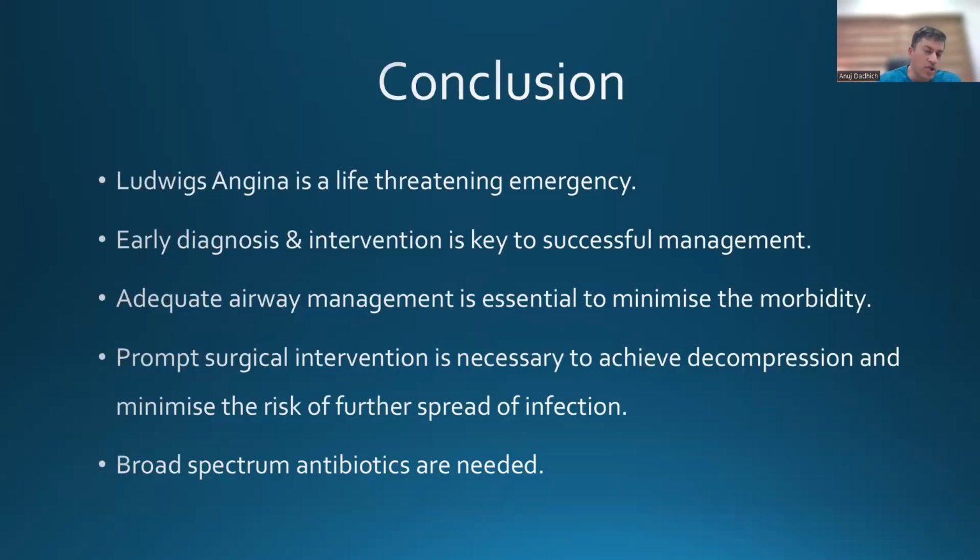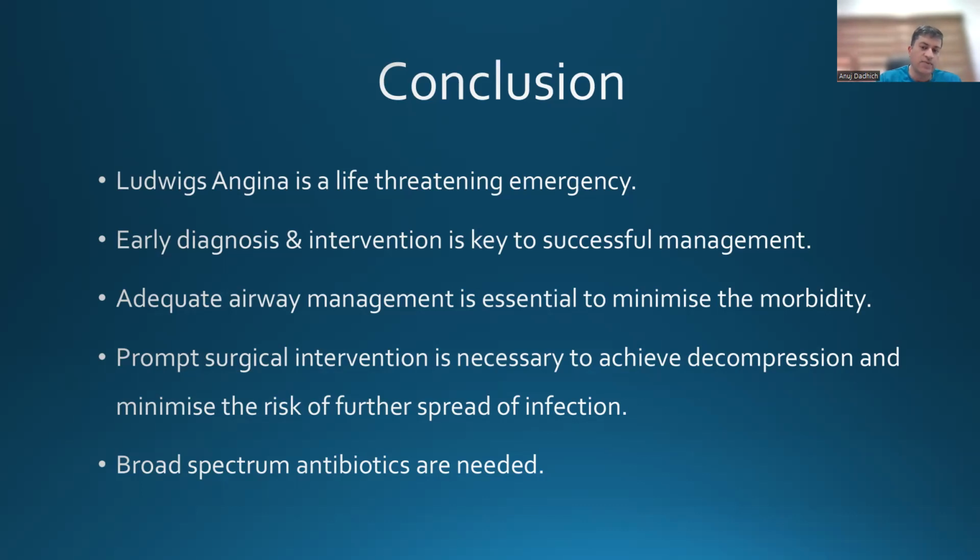So finally, to conclude, what everybody needs to understand is Ludwig's angina is a life-threatening emergency. We've seen patients die of the disease if they are not treated on time. And because it is a life-threatening emergency, early diagnosis and early intervention is the most important aspect in successful management. Adequate airway management is essential to minimize the morbidity of the disease because most of the patients who succumb to Ludwig's angina die because of airway embarrassment.